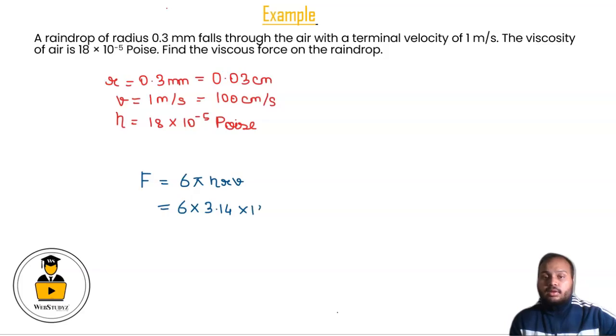Nu we have 18 into 10 to the power minus 5. The value of r we have is 0.03 into the value of v, we have 100. Fine. If we solve and calculate all these, we are going to get 1.018 into 10 to the power minus 2, and the unit here will be dyne.